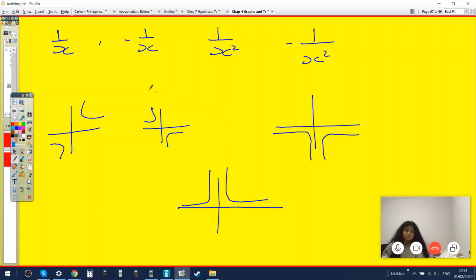Any idea what, if there was a number on top, like 2, 3, 5, 11? Yes. So although the asymptotes are the same, so they'll eventually reach each other, it'll just be further away from the origin. So not necessarily further away from the axes, but further away from the origin. You could draw it like that, and that's fine.